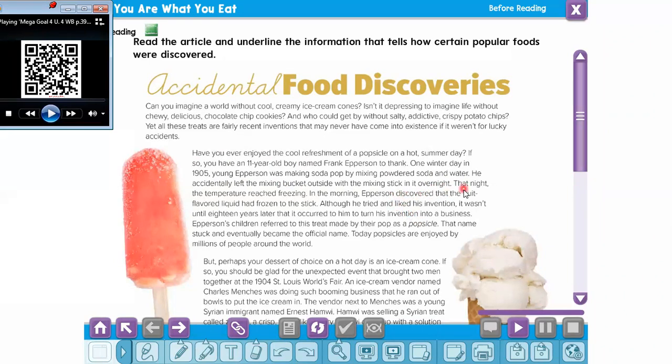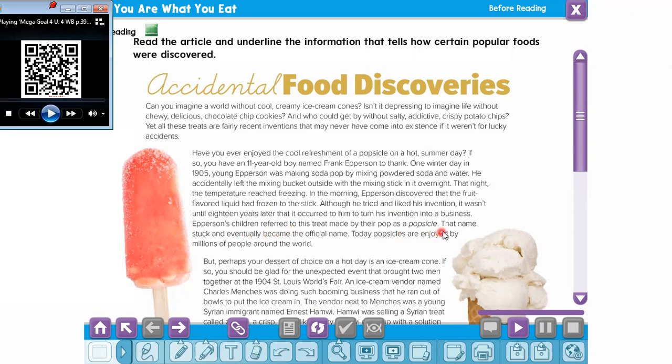That night, the temperature reached freezing. In the morning, Epperson discovered that the fruit-flavored liquid had frozen to the stick. Although he tried, like other inventions, it wasn't until 18 years later that it occurred to him to turn his invention into a business. Epperson's children loved the treat, which he named the Epsicle, later renamed the popsicle.